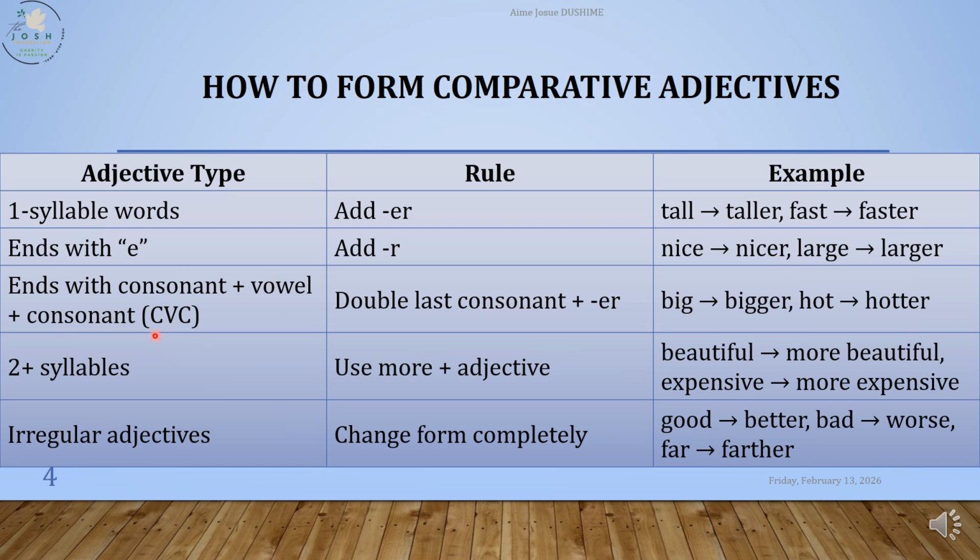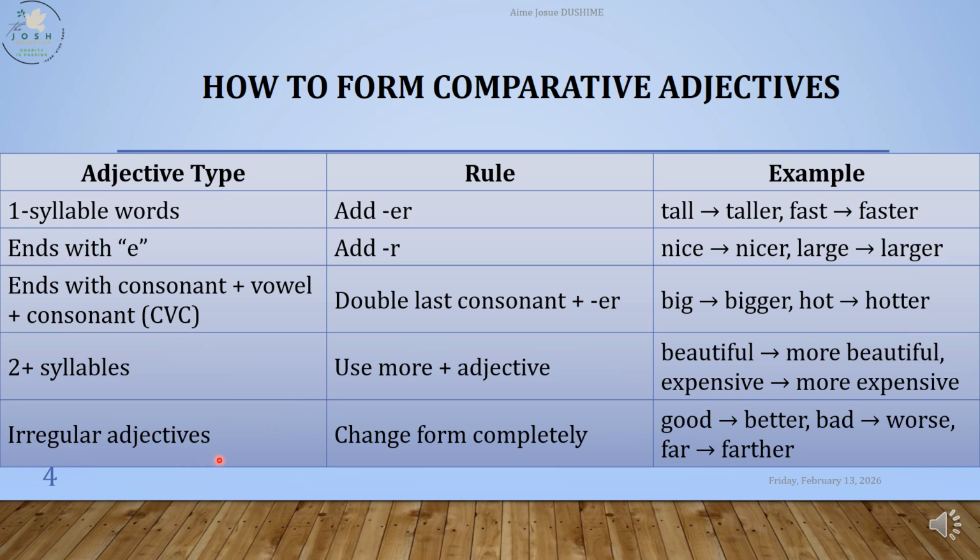If it is a CVC word, the word which ends with consonant, vowel, consonant, we double the last consonant. Like big, this is consonant, vowel, consonant. We double the last consonant. We say bigger. So here we shall say hot, hotter. You see we have CVC, consonant, vowel, consonant. When we have more than two syllables, use more plus adjective. Beautiful, more beautiful. Expensive, more expensive.